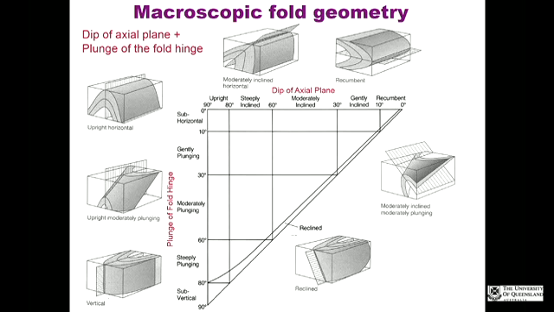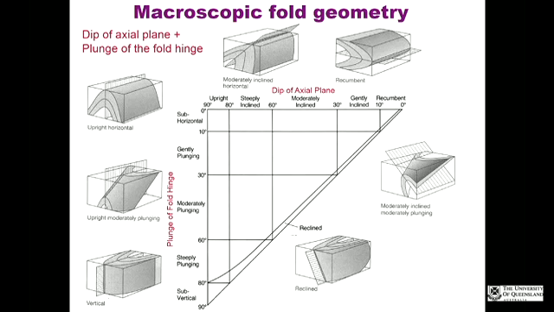And we see that if we know the fold hinge, anything between horizontal to vertical, and the axial plane, vertical to horizontal, we can come up with different attitudes of folds. Some of them are non-neutral, so antiforms or synforms, and some of them are neutral, like reclined, recumbent, and vertical. They cannot be defined as antiform or synform. And we have all the different names.